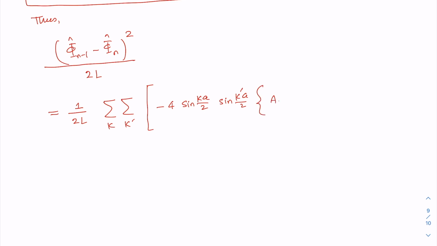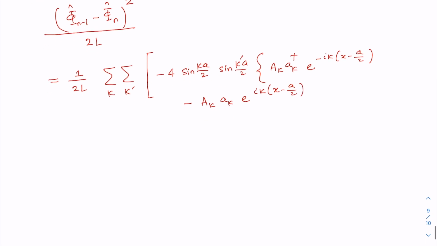You will have ak dagger e to the power minus ik x minus a by 2 minus ak e to the power ik x minus a by 2.